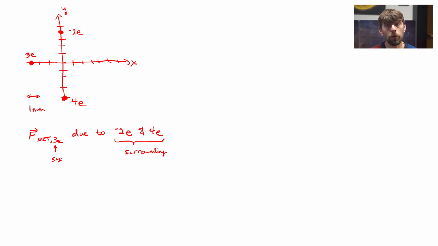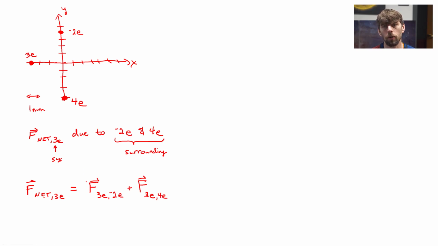Okay, now of course you're aware that forces obey the principle of superposition, and so we can think about the net force acting on our system as being the combination of the Coulomb force between the 3e charge and the negative 2e charge, and the Coulomb force between the 3e charge and the 4e charge.